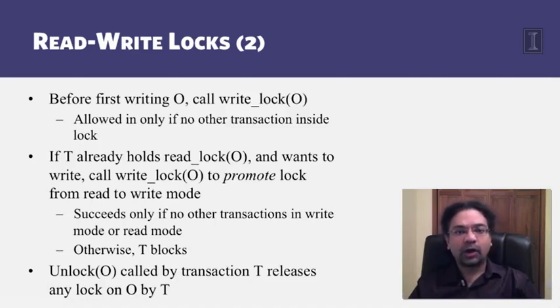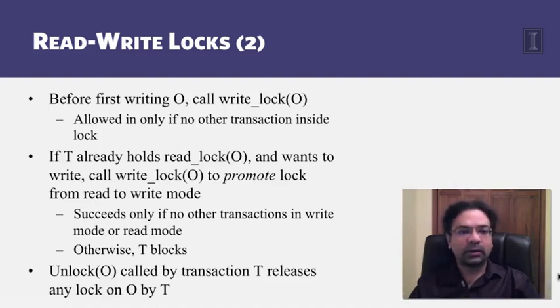It calls write lock O. Once again, write lock succeeds, or the transaction T is allowed past it, if and only if no other transaction is currently accessing the object O, meaning it has not locked object O. If T already holds a read lock on object O and it now wants to write object O, it can simply call write lock to promote its lock from the read mode to the write mode. Once again, this succeeds only if no other transactions are currently in the read mode or in the write mode. So both of these need to be true.